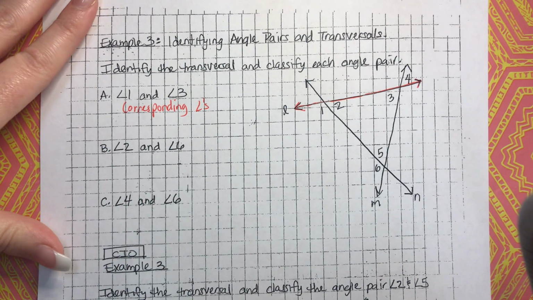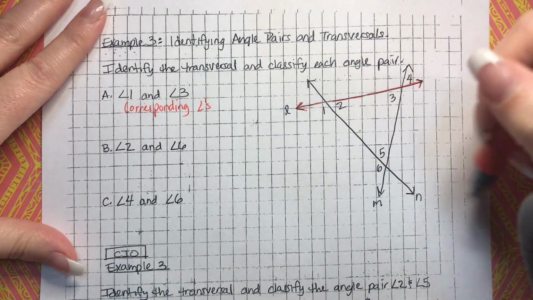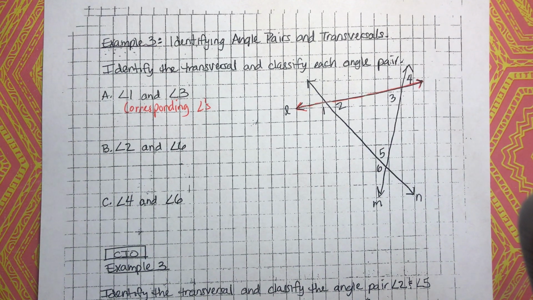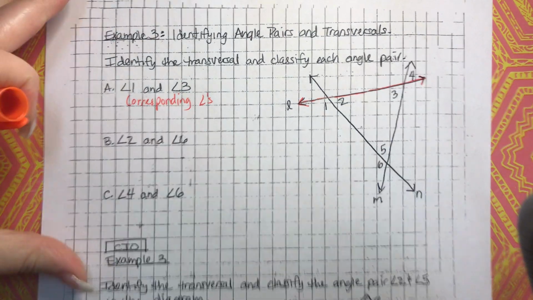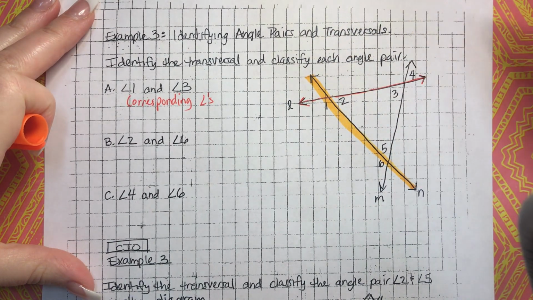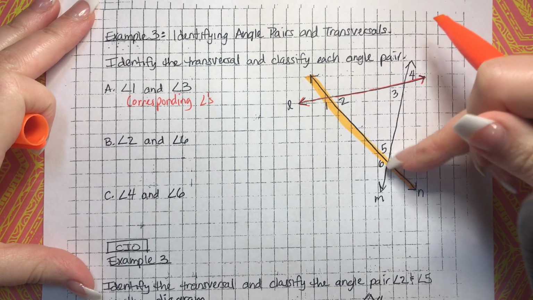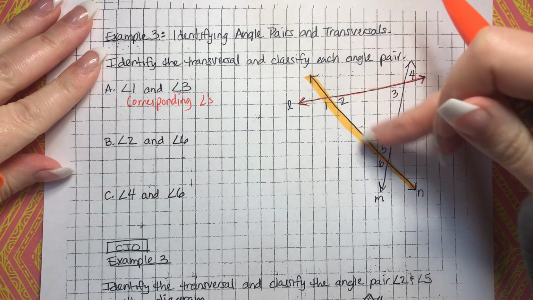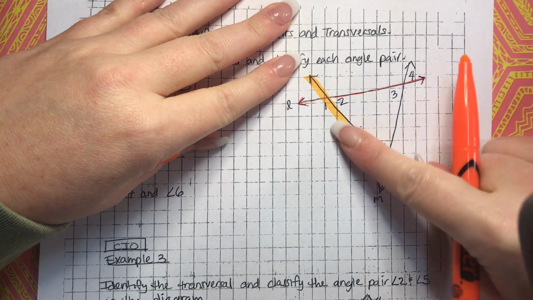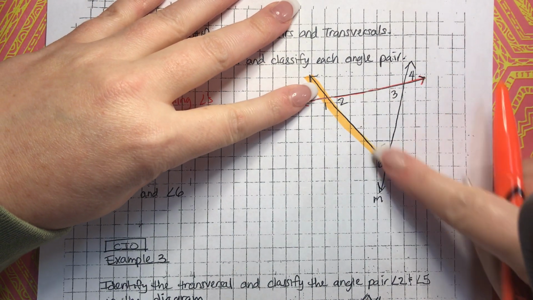Okay? Let's look at 2 and 6. So for 2 and 6, we have a new transversal. I'm going to use this orange here. And this is the transversal that we're looking at now, okay? And it cuts between these lines here. So 2 and 6, if you look at these two lines, they're both on the interior of these two lines, right?